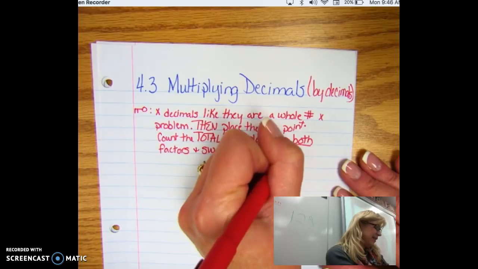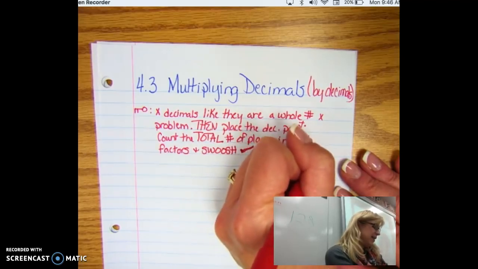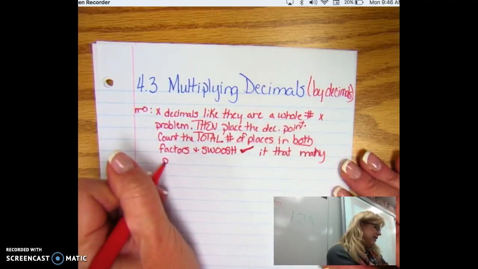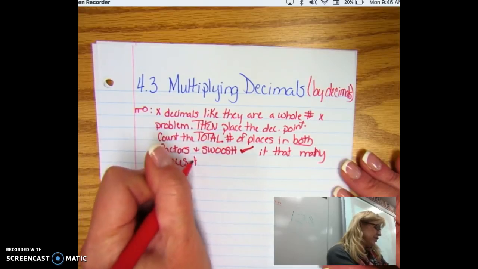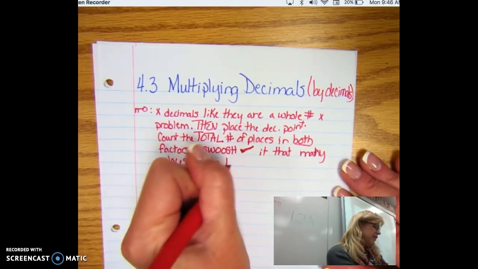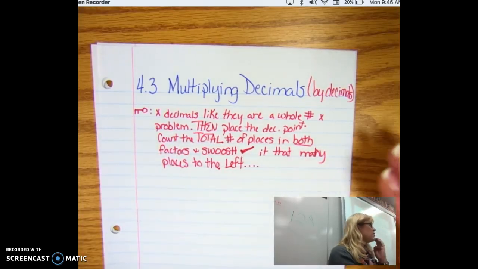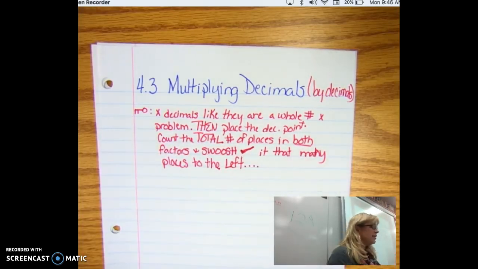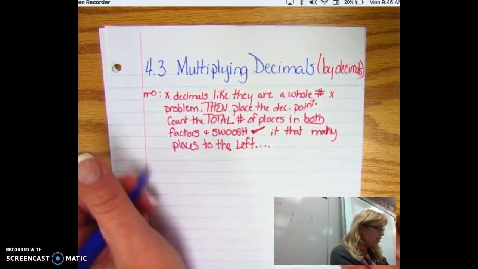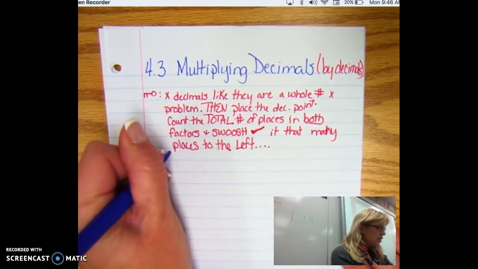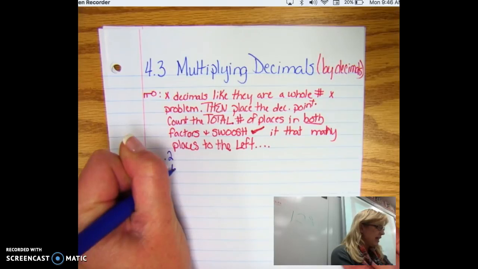That many places to the left. Now these are a lot of words, but when I show you what you're doing, it's really quite simple. So the first one that we did with the model was 0.2 times 0.6.